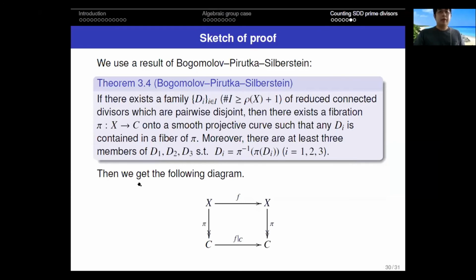And then we use a result of Bogomolov, Petrov, Schmidt.